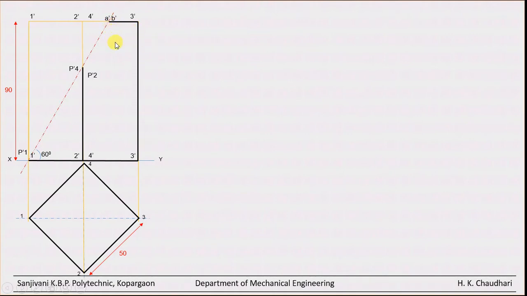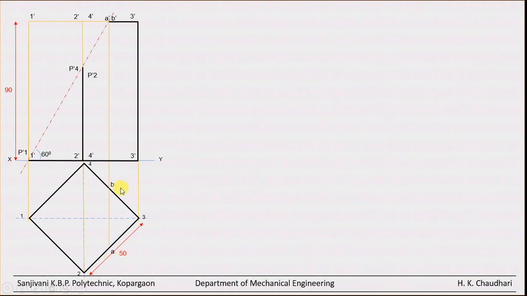Clear? Okay. And now take vertical projection in the top view in downward direction. Now see, there we got these 2 points on the edges 2 3 and 3 4 respectively. We can name them as A and B.